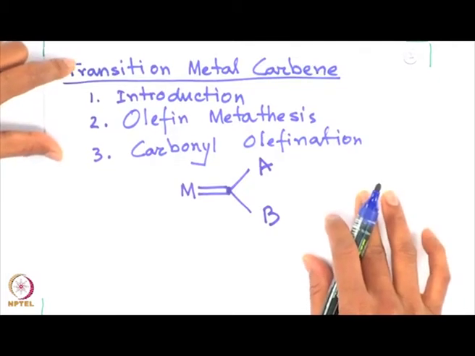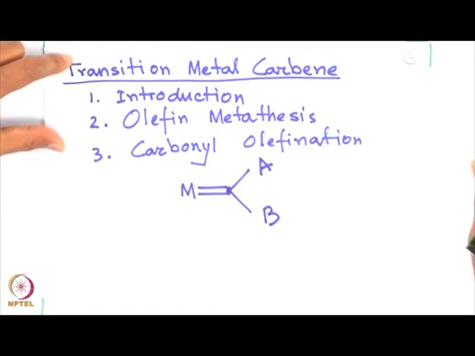Now, general classes typically feature two types of carbene, as you know, the Fischer carbene and the Schrock carbene. These two types of carbene have very distinct features. Fischer carbenes are electrophilic at the carbon center and Schrock carbenes are nucleophilic at the carbon center.